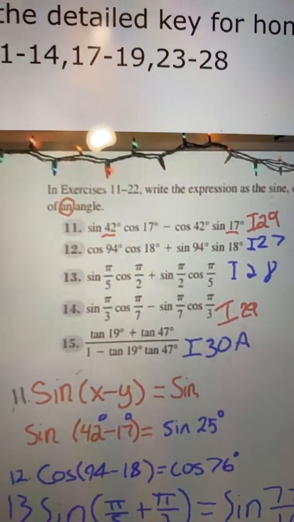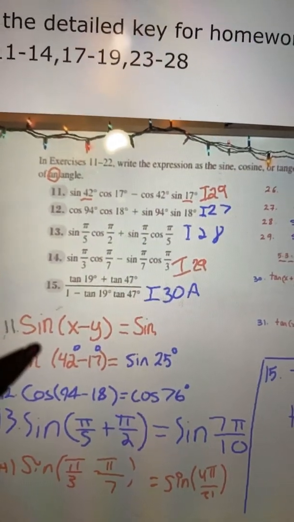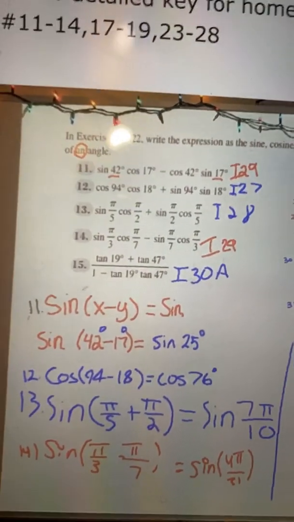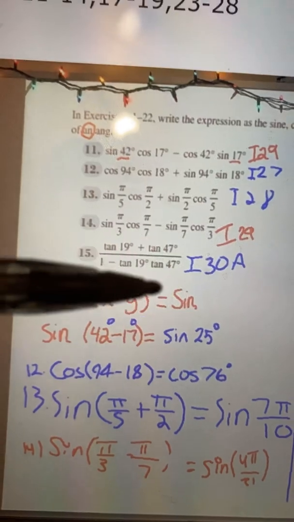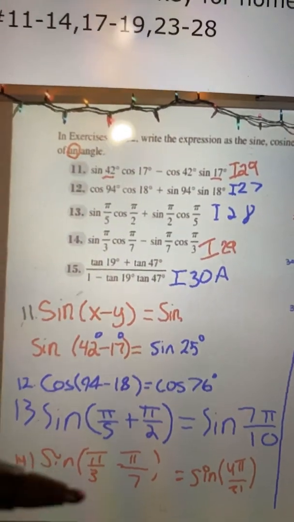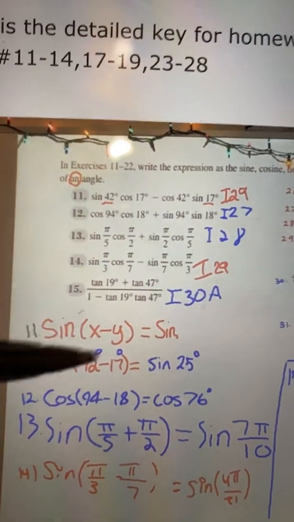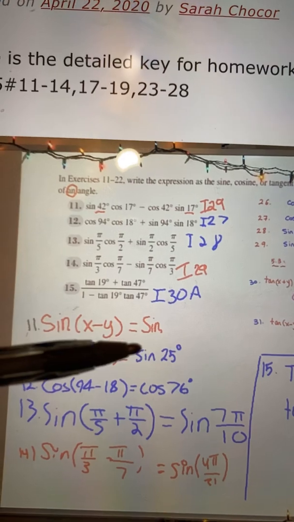So minus means this is a sine of x minus y, which is identity 29, the last one. And by x and y, we just mean first angle, second angle, okay? So first angle is 42, second angle is 17. The difference of those two is 25.